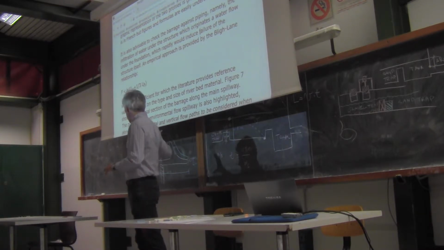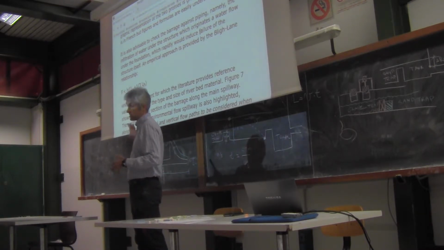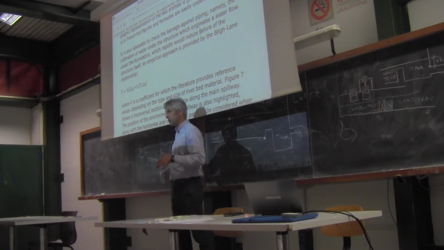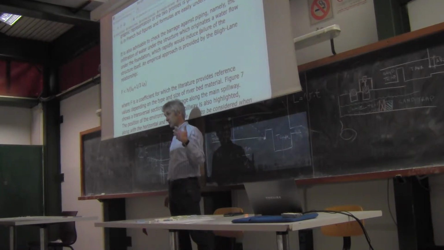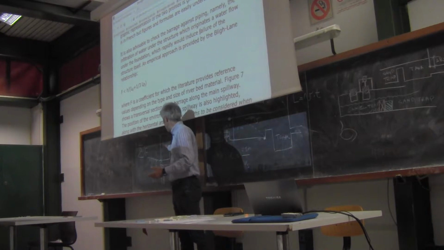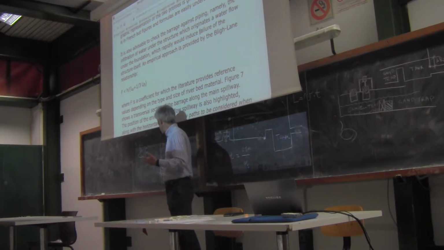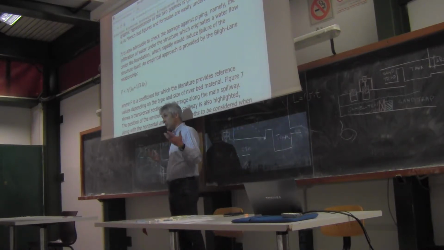But if the flow is important, which means that the structure is important, we need to accompany the flow. We don't want jumps, because jumps are dangerous for the structure and for the riverbed. So we accompany it, and in order to avoid jumps, this has been shaped in a particular way.